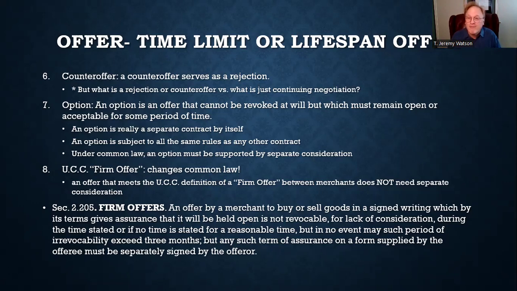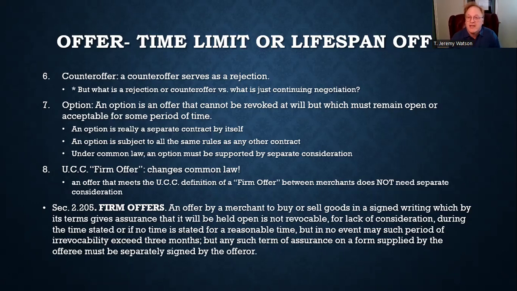In order for a firm offer to be binding between two merchants, it only needs to be explicit, right? It doesn't need to be supported by consideration. So under the UCC, in order for a firm offer to be binding, it only has to be between two merchants, and I'm sorry, it has to be in a signed writing.